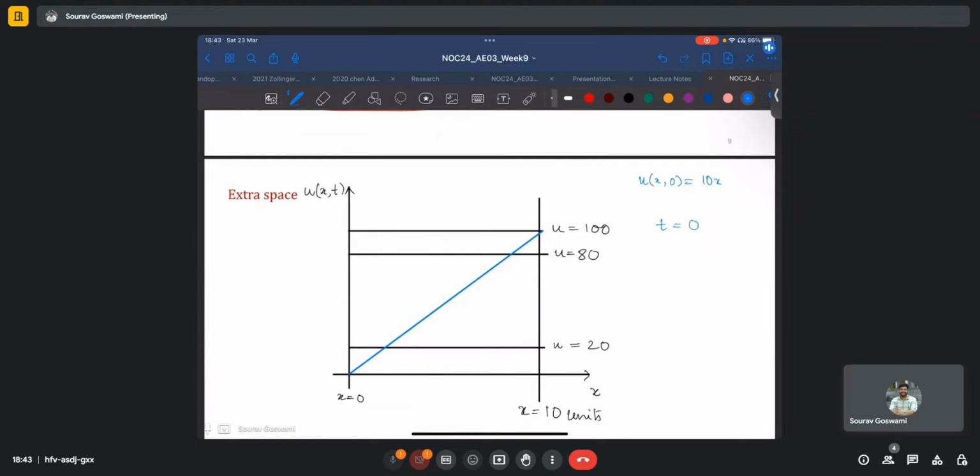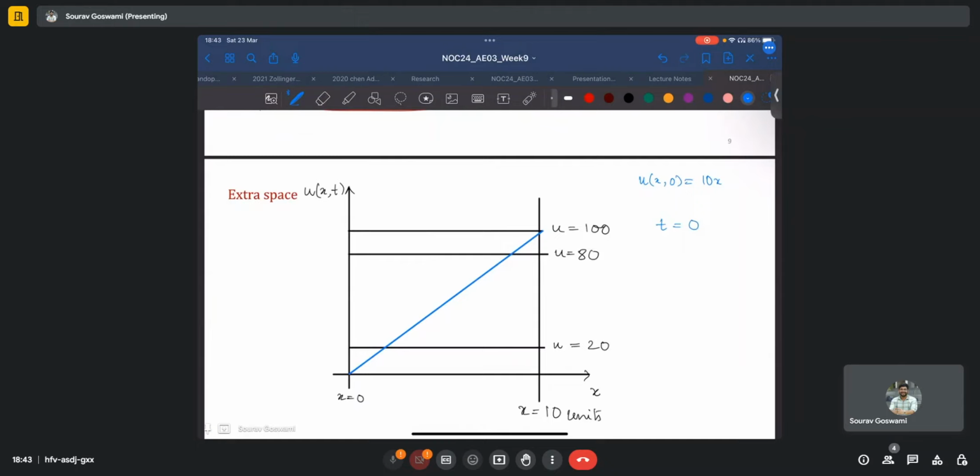And we know that after an infinitely long time, that is when the system has reached steady state, it will simply have a linear distribution of temperature from one end to the other. So the left hand is always held at 80 degrees, the right is held at 20.